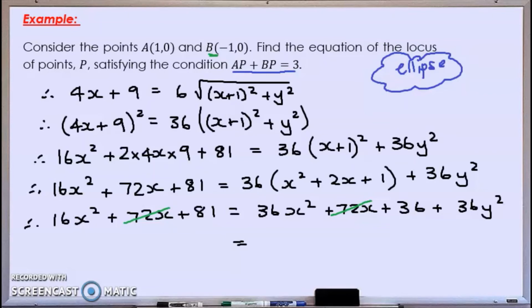So collecting my x squared terms, 16 and 36, that gives me 20x squared. I've got an 81 and a 36 here. So my balance is 45 over on this side. So let's cross those out. And I have a 36y squared over on the right.